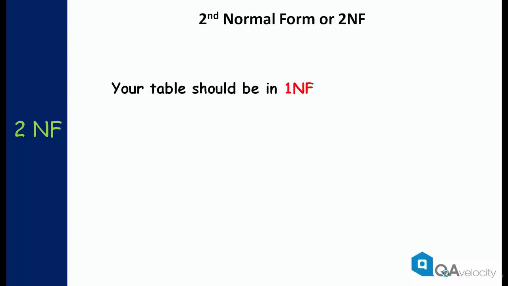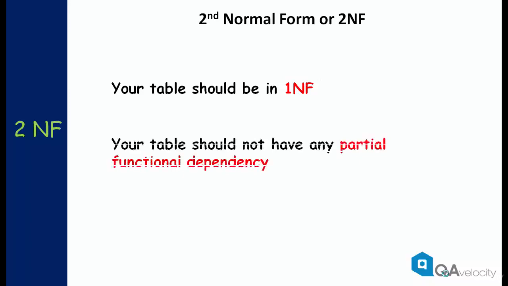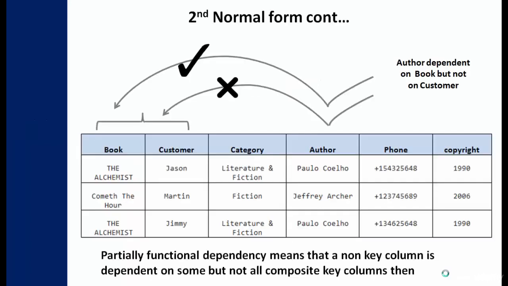First rule says your table should be in first normal form. That we already know how to make. And the second rule says your table should not have any partial functional dependency. As we have discussed earlier, partial functional dependency means that a non-key column is dependent on some but not all the columns of composite key.